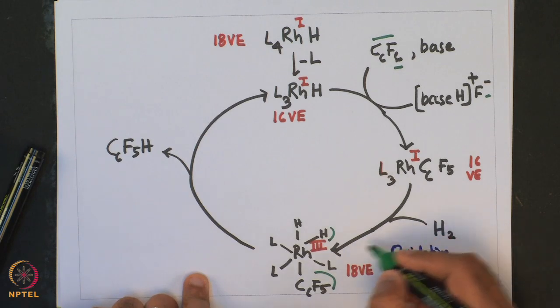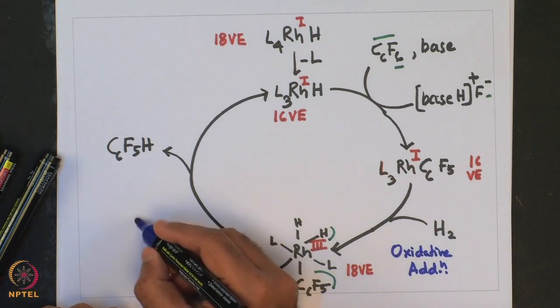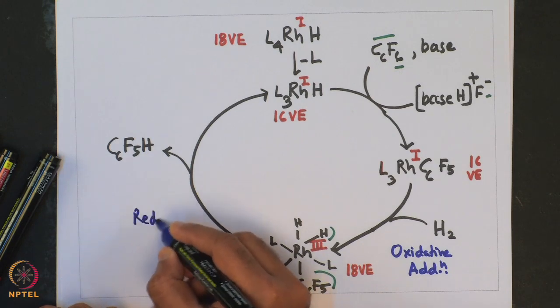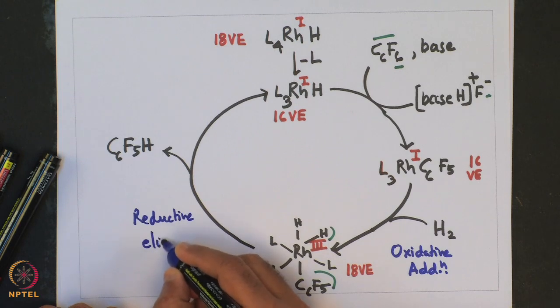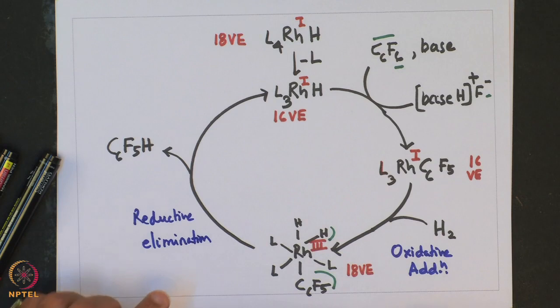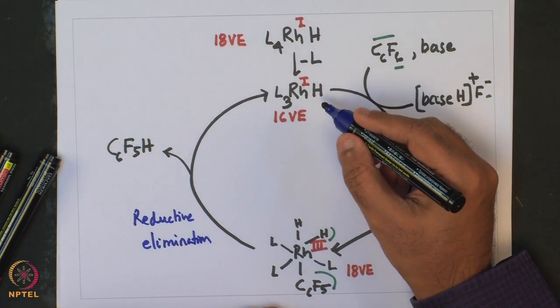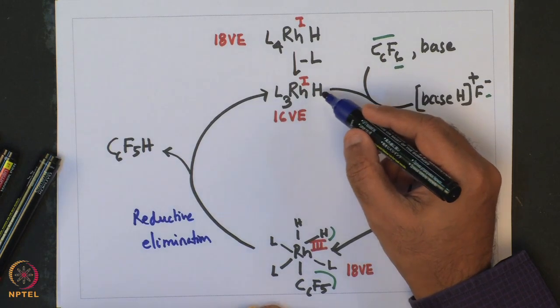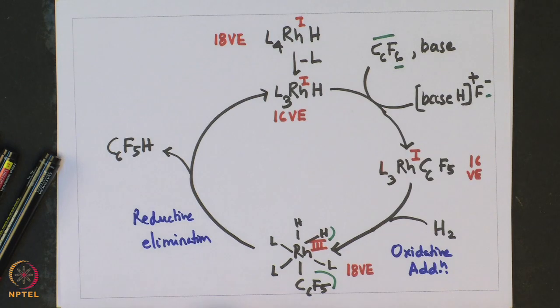So, after this oxidative addition, the next step which follows is reductive elimination, giving rise to the rhodium 1 L3 rhodium hydride complex.